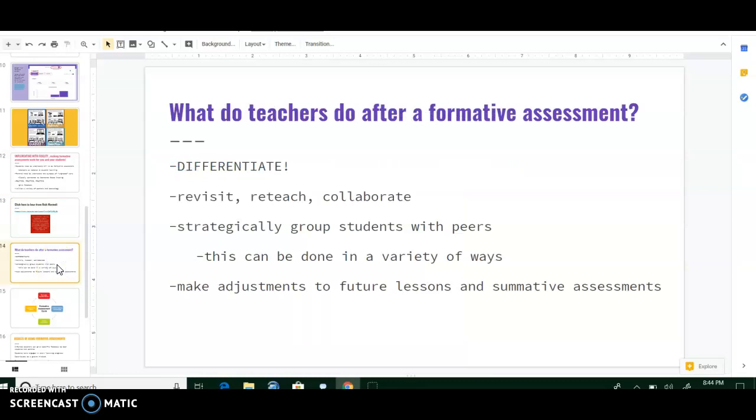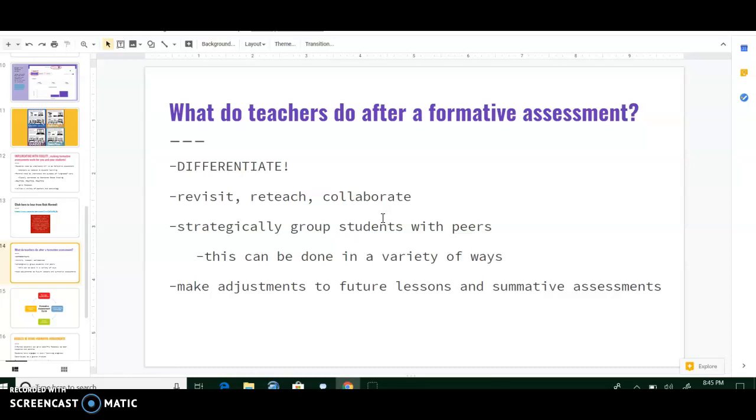What do teachers do after a formative assessment? They differentiate, they revisit, they reteach, and they collaborate with the students and with other teachers and say, hey, my kids struggled with this. How'd your kids do? Is there something I could do to make this better for them? You can strategically group students with peers. So this can be done in a variety of ways. You can put kids all on the same level in one group.